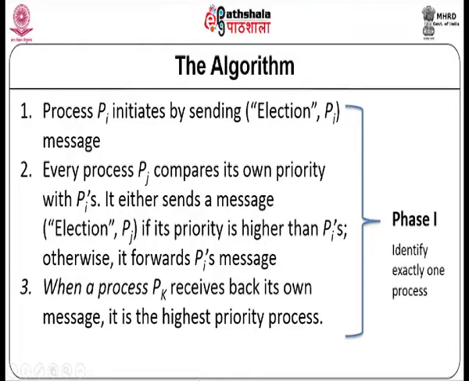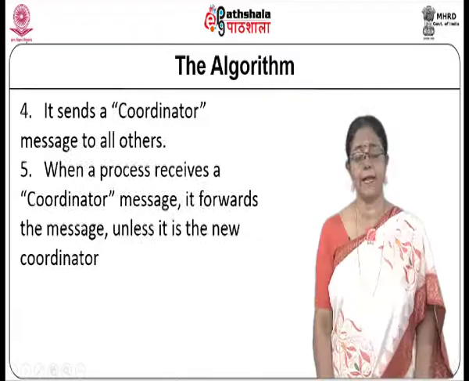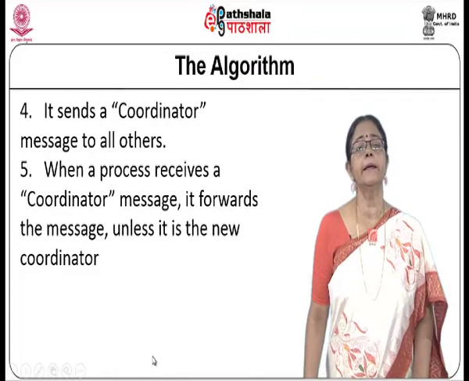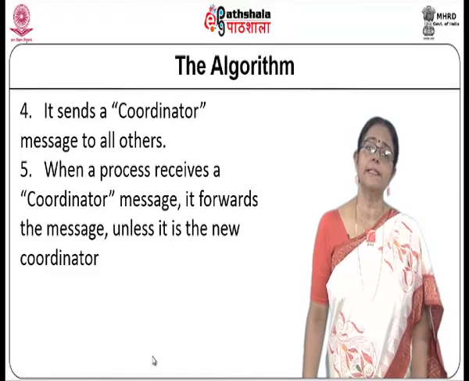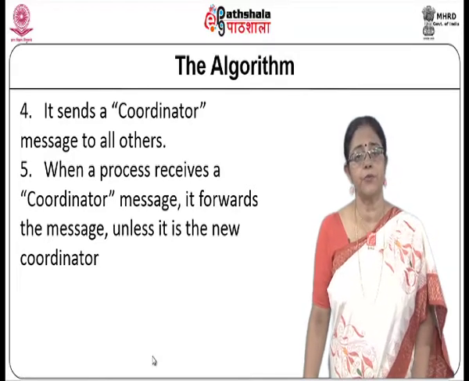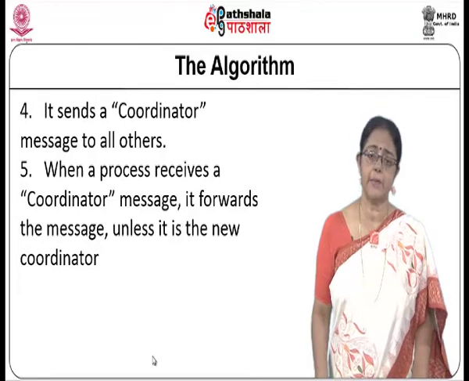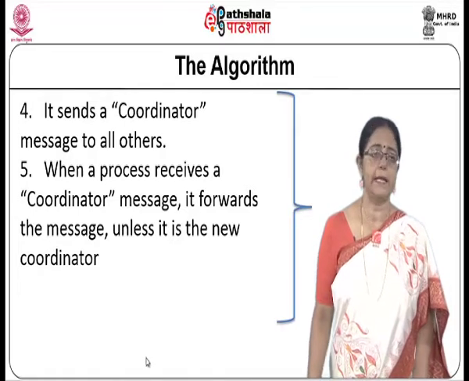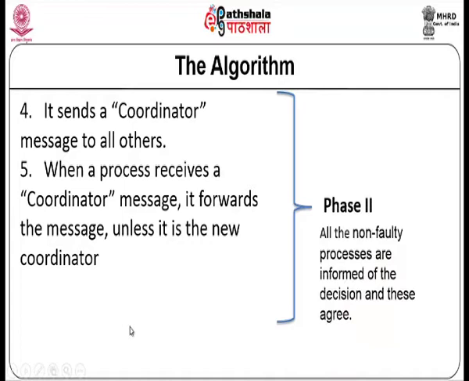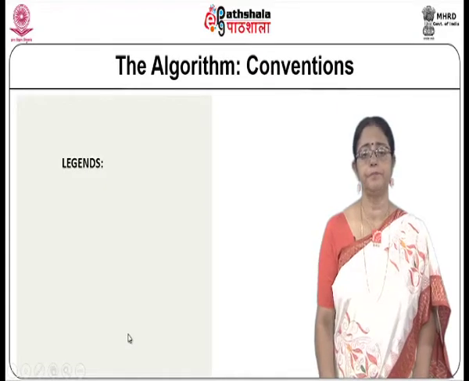These are the 3 phase 1 steps where we identify the specific node which should be the next leader, and the next 2 steps, which send the coordinator message and have everybody else forward the coordinator message till it comes back to the sender, are phase 2 of the algorithm.